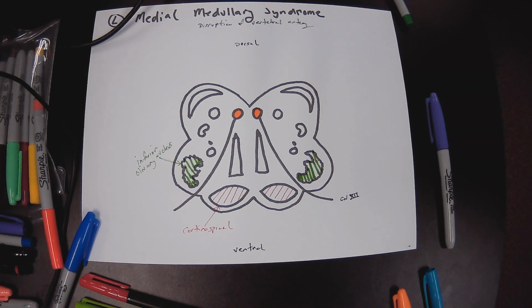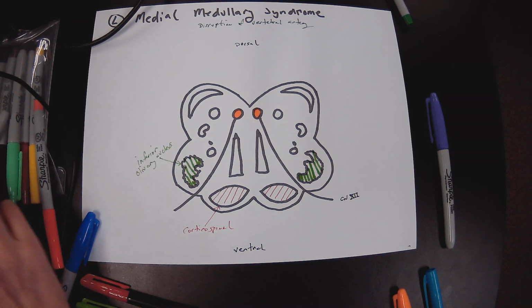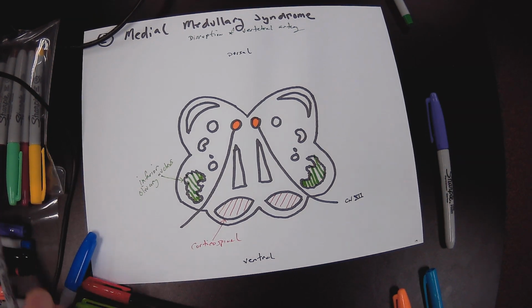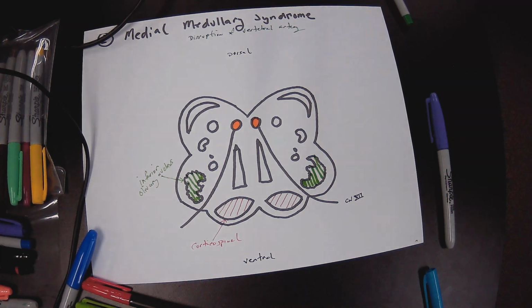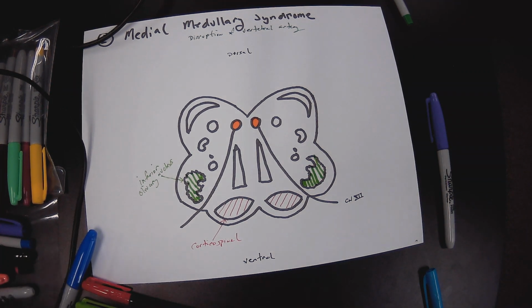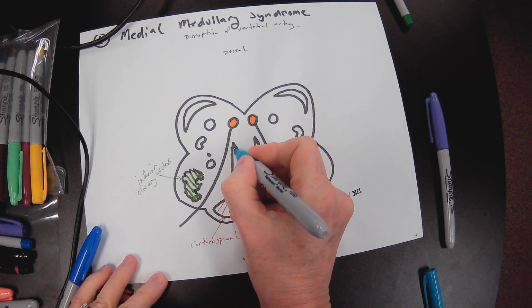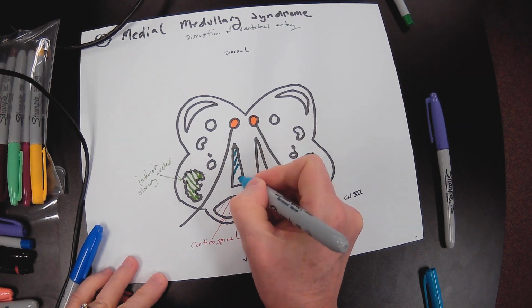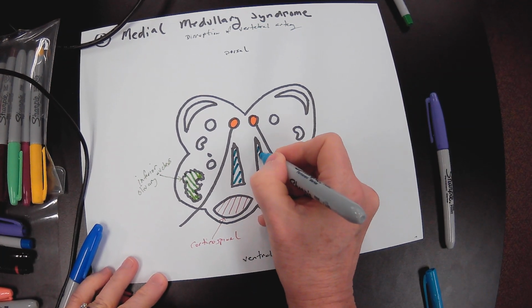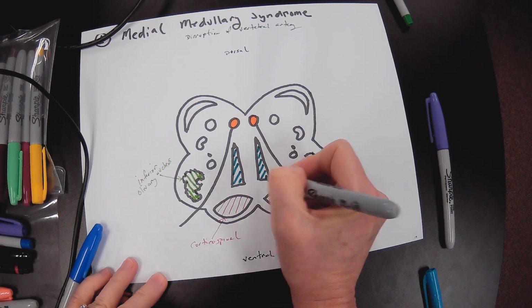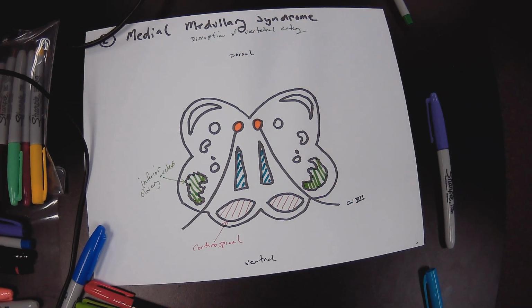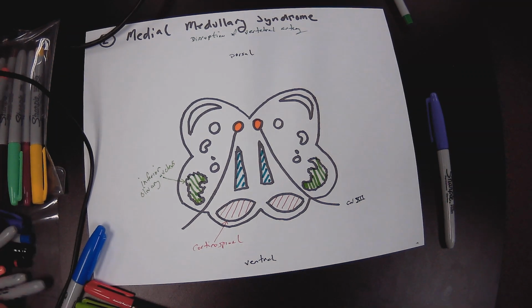Okay, so far so good. Let's move inside a little bit and think about this guy. I'll make it blue. Does anybody know which tract this is? Perfect. Associated with vibration, proprioception, and fine touch.